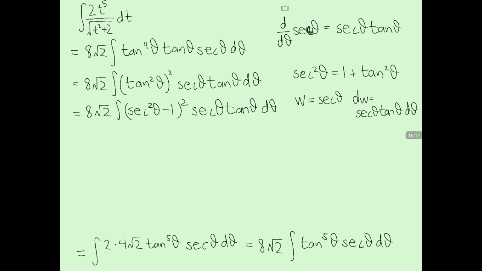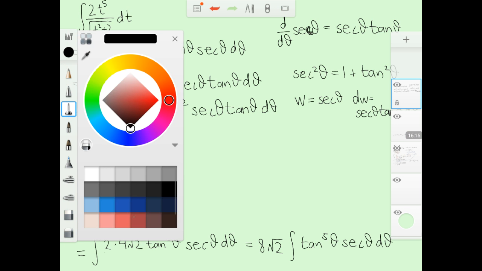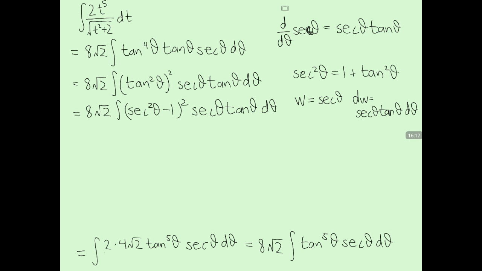So secant theta tan theta d theta, and notice how these are the same. So this secant theta tan theta d theta is the same as this, so that can be replaced by dw. This secant theta can be replaced by w as well.